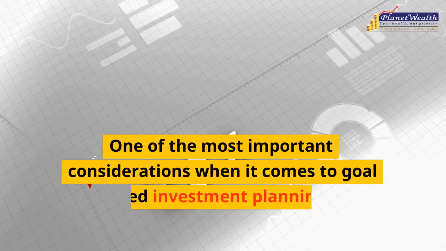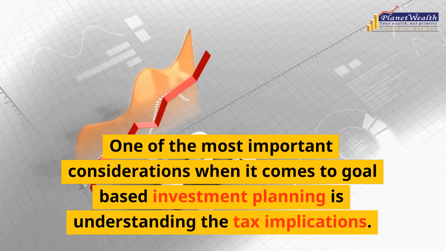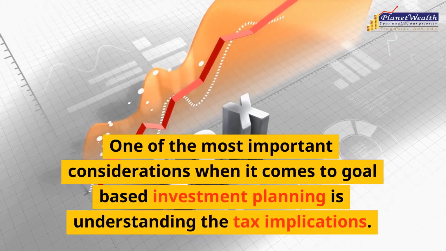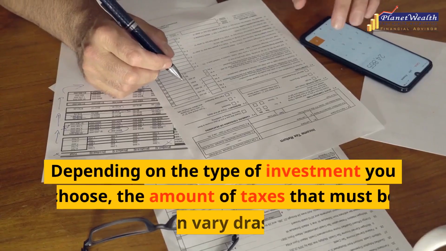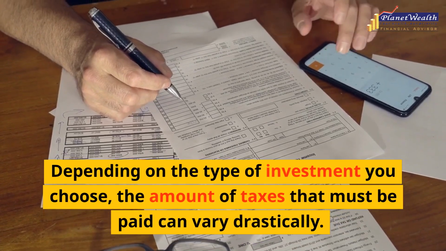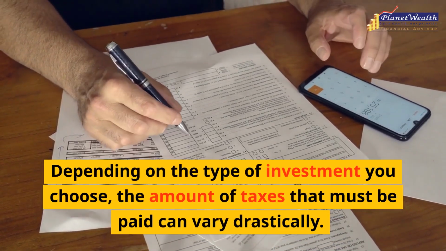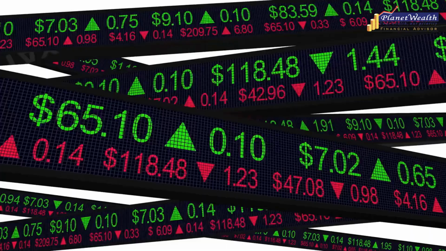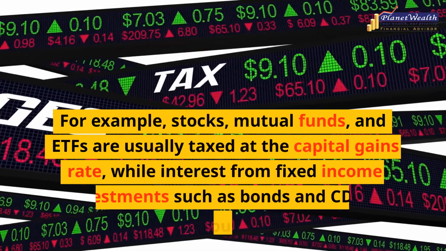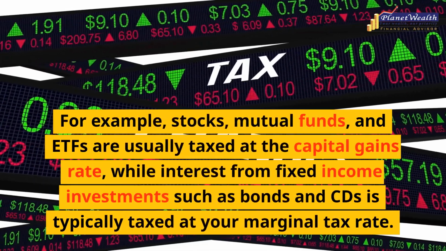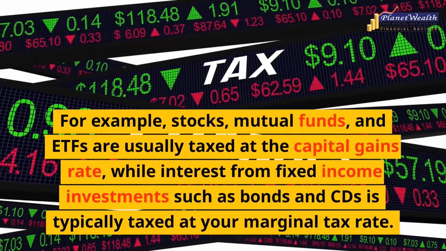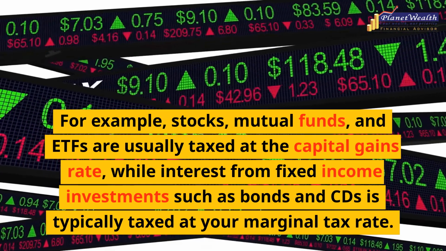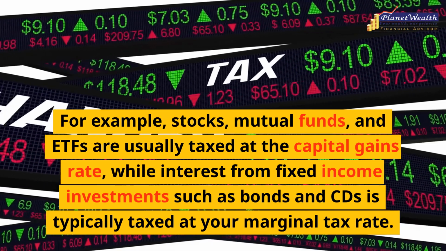5. Consider the tax implications. One of the most important considerations when it comes to goal-based investment planning is understanding the tax implications. Depending on the type of investment you choose, the amount of taxes that must be paid can vary drastically. For example, stocks, mutual funds, and ETFs are usually taxed at the capital gains rate, while interest from fixed income investments such as bonds and CDs is typically taxed at your marginal tax rate.